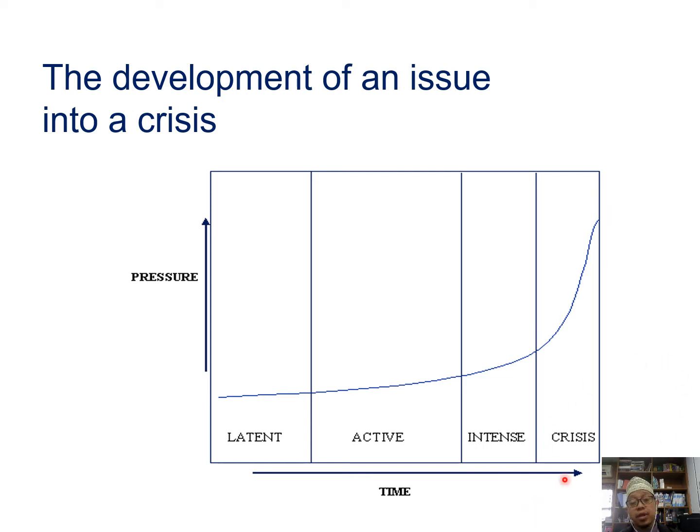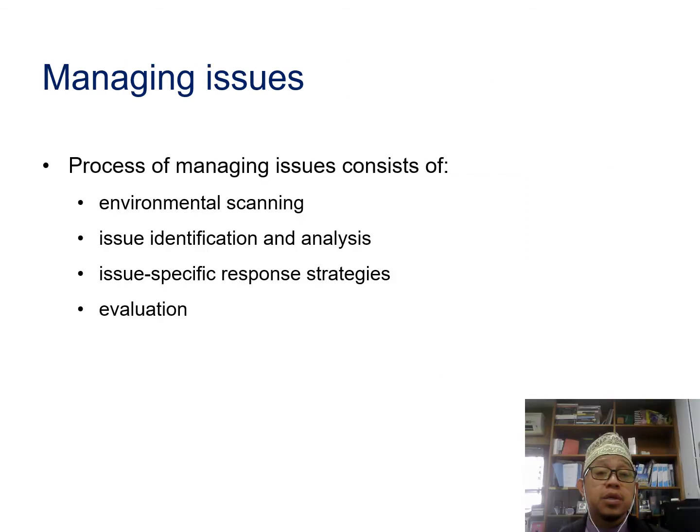When it comes to a crisis, it is very hard to solve, because it involves large populations of people and may involve many parties. So it is quite difficult and complicated at this stage to overcome the problem.